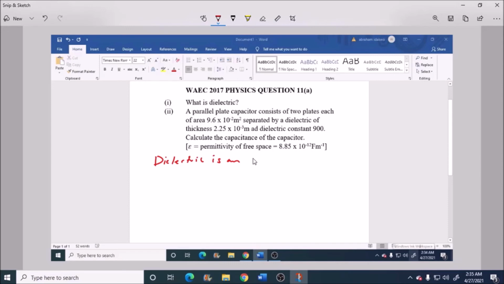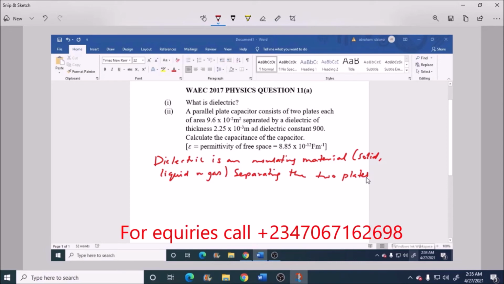It could be solid, it could be liquid or gas, separating the two plates of a capacitor. Okay, so that is dielectric.